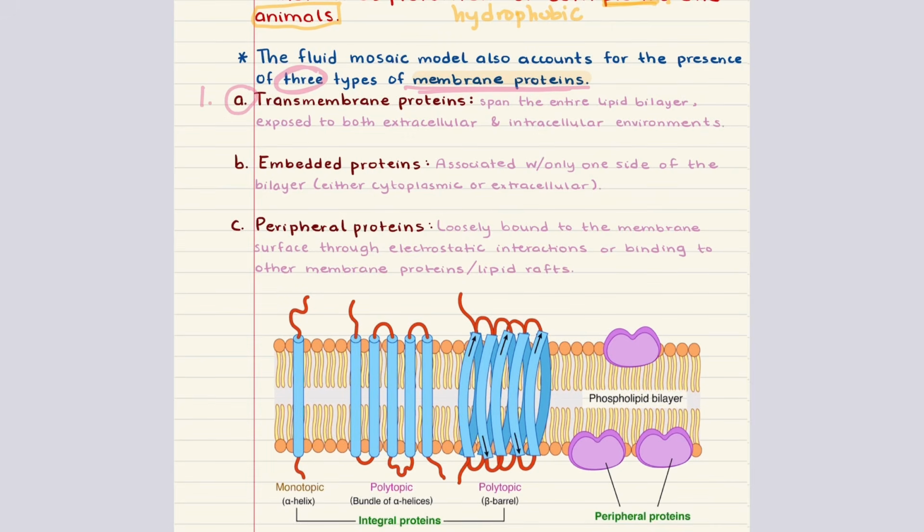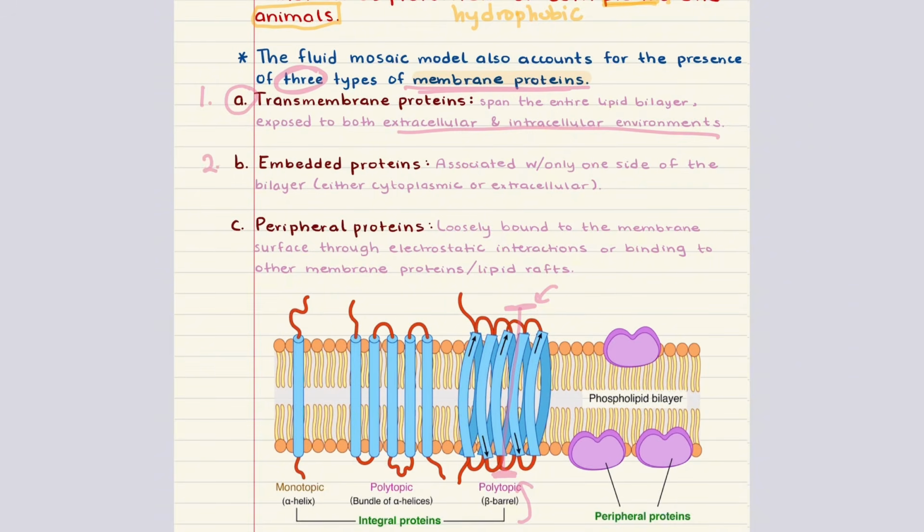These proteins span the entire lipid bilayer, meaning part of the protein is exposed to the extracellular environment, and part of it is exposed to the intracellular environment. They often function as transporters, channels, or receptors, and because they cross the whole membrane, they can directly communicate signals or even move substances between the inside and the outside of the cell.